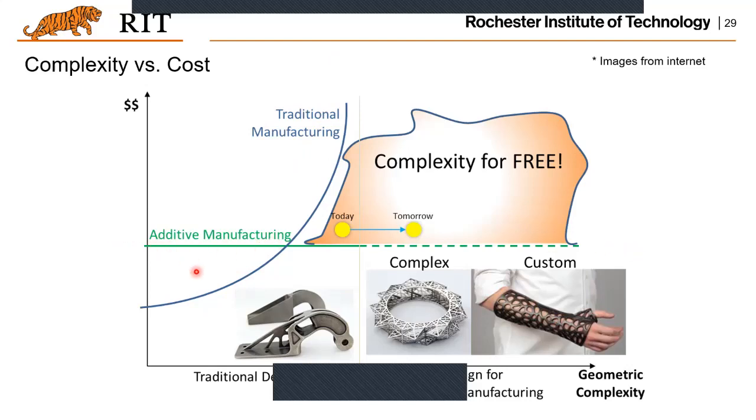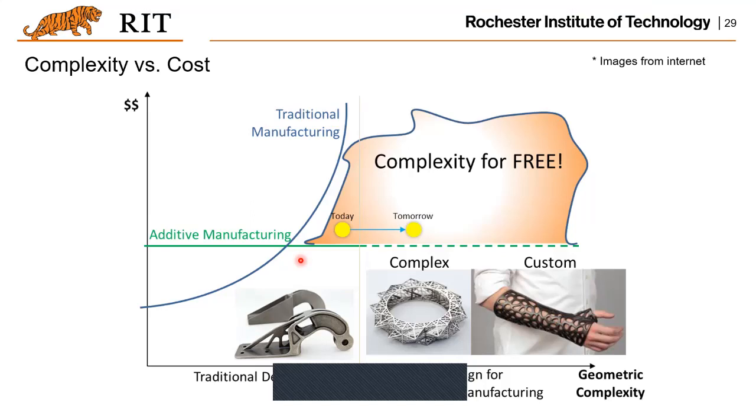That means no matter how complex the part is, the only thing that matters for additive is the volume of the part. If the volume is larger, it consumes more material, and that's a linear relationship. So per unit volume, the cost is the same. That's, I would say, the biggest benefit of additive manufacturing when you think of prototyping or producing products with high complexity.